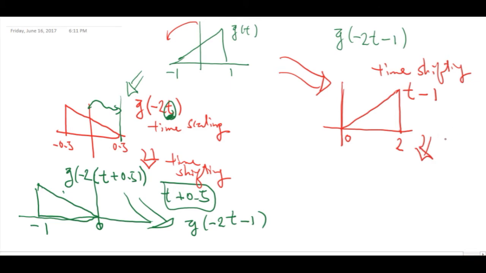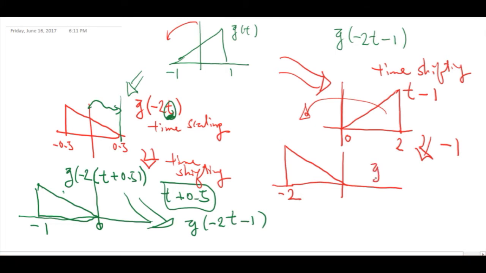Once we have done that, then the second step is time scaling. This time is time scaling by -1, because we would like to flip the thing over. By flipping it over, it becomes something like that. So this one becomes -2. Then our function will become g(-t - 1).